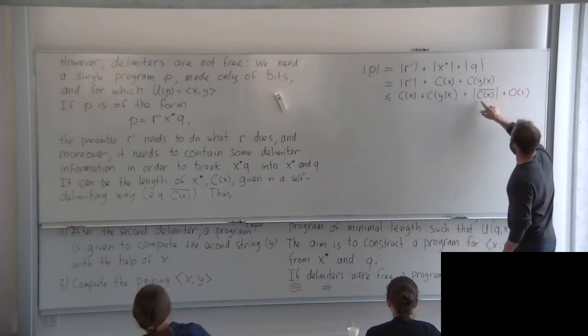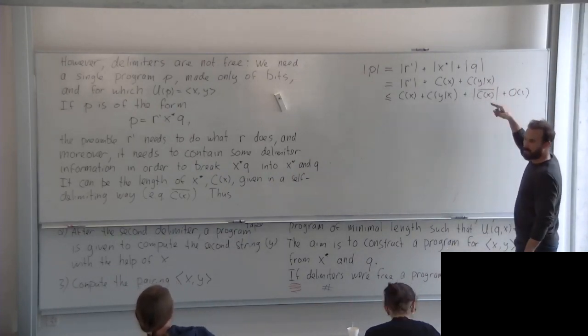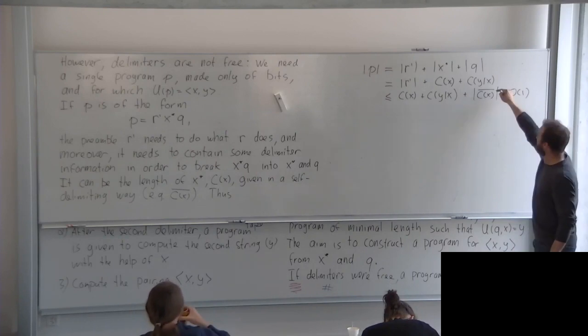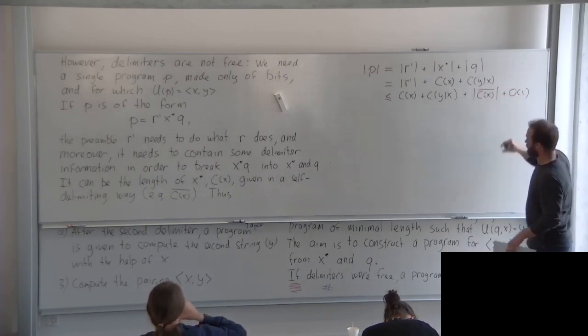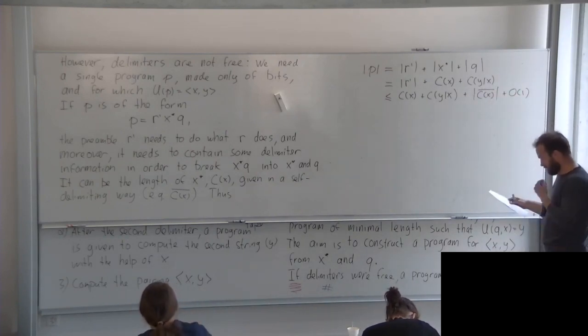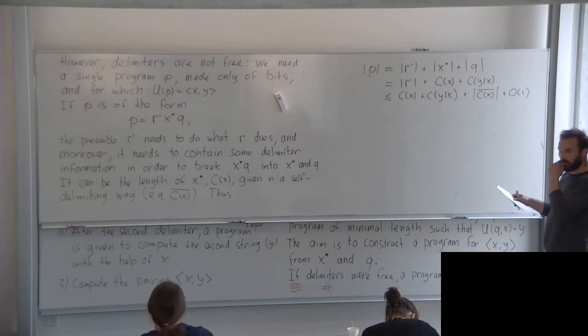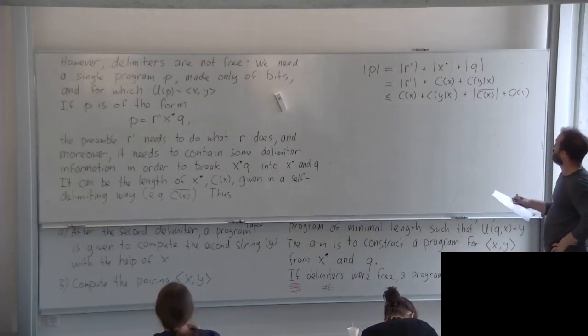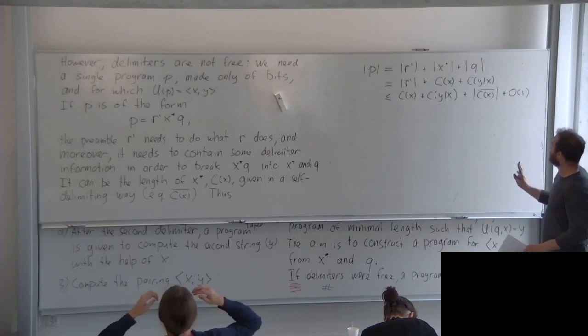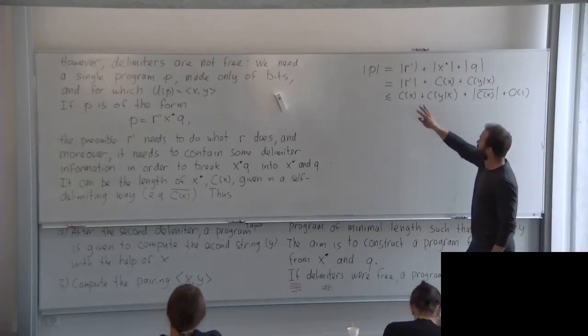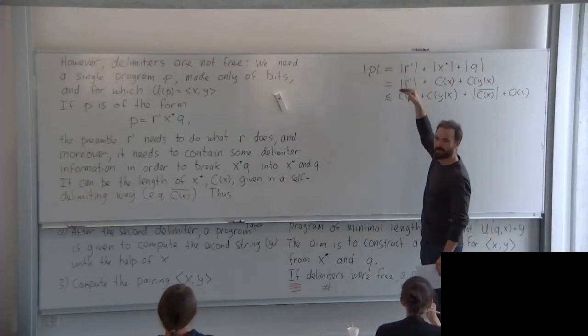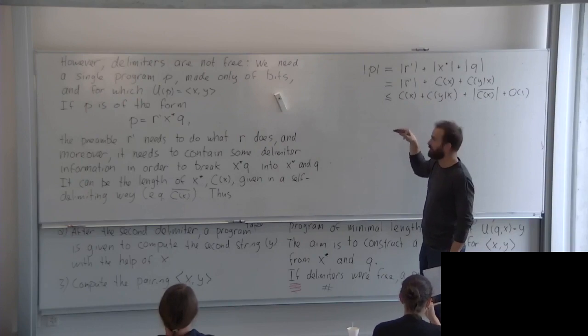I have to give c of x as a number in a self-delimiting way, and I want the length of that. Should we include that in the previous steps as well? Which steps? The first two that we've written. No, good question. I was being very pedestrian in my derivation here.